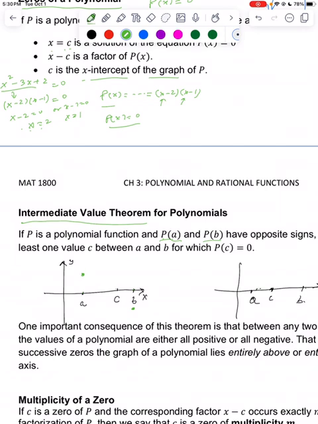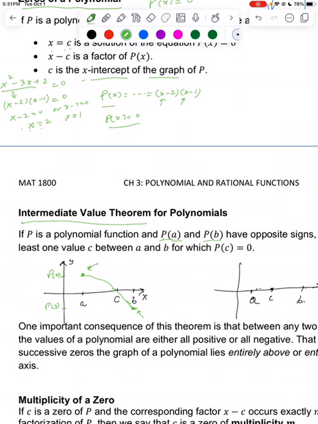So in order to come from this point to this point, the graph has to cross the x-axis somewhere. So where will it cross it? It will cross at c. So it will be something like this, and then it can go wherever, but it has to cross at c. So that's what the theorem is saying.